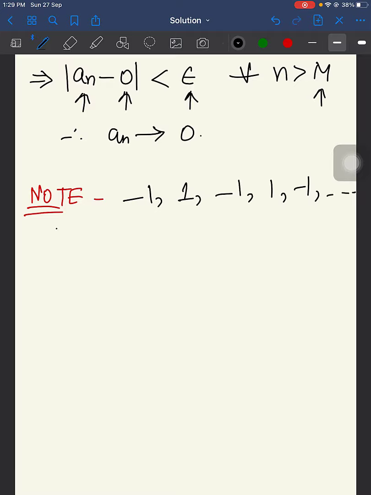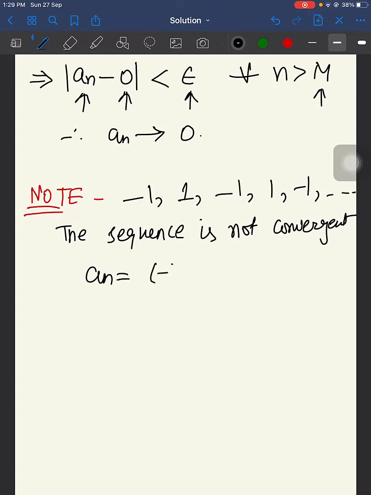You know that this sequence is not convergent, as your sequence is an oscillatory sequence oscillating between -1 and 1, and it will not converge anywhere.